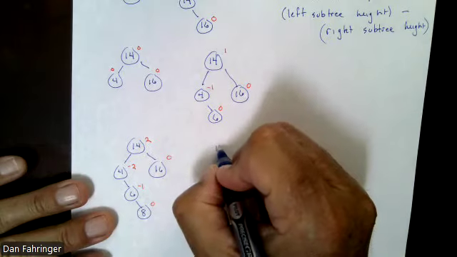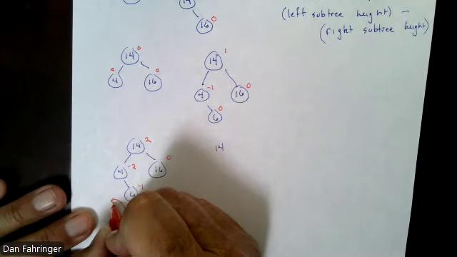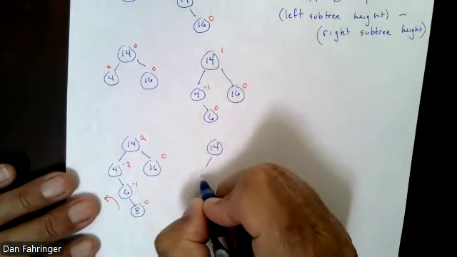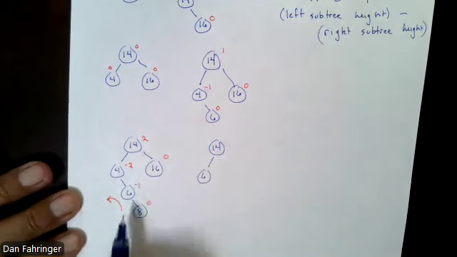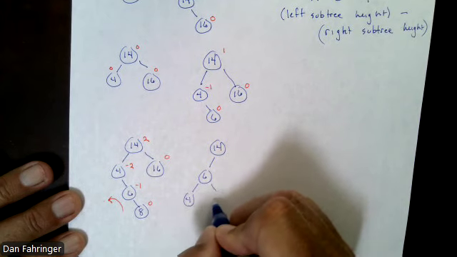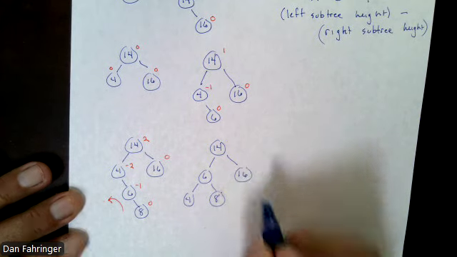Okay. The left rotation is I'm going to rotate this way. So now what I have is 14. I have 6 because it rotates up. 4 goes to the left. 8 goes to the right. 16 goes to the right.